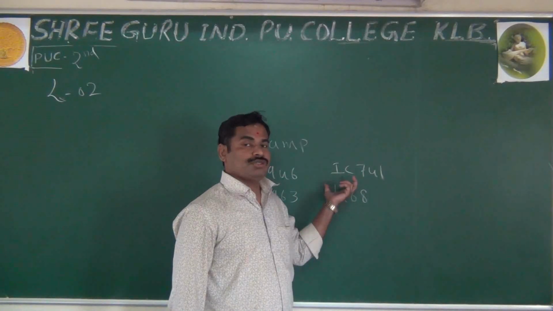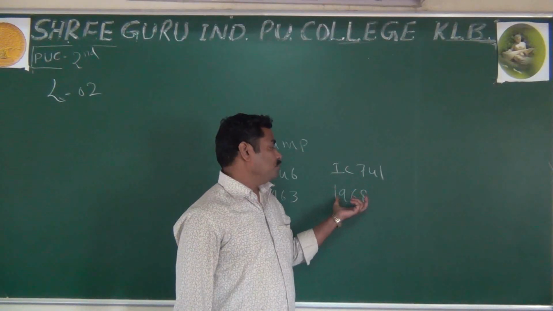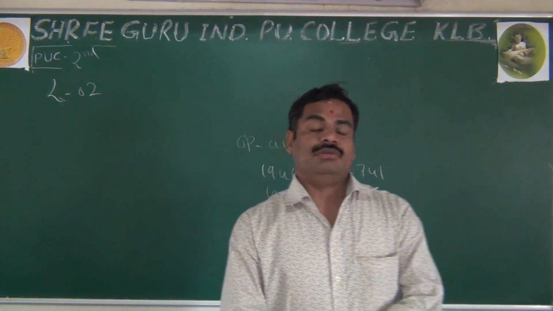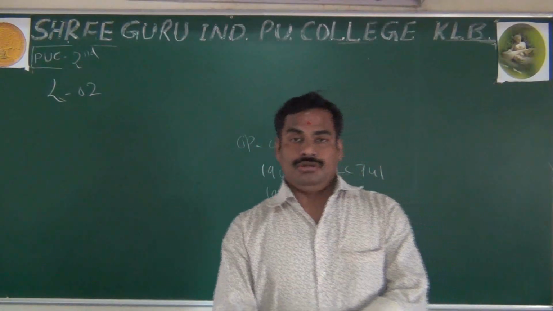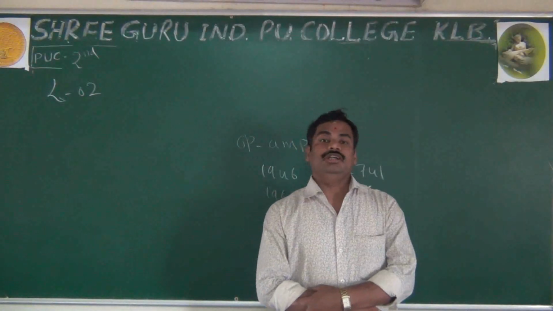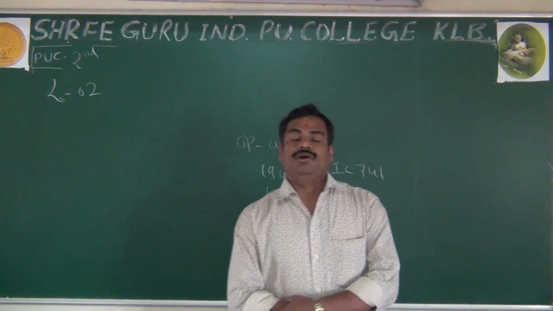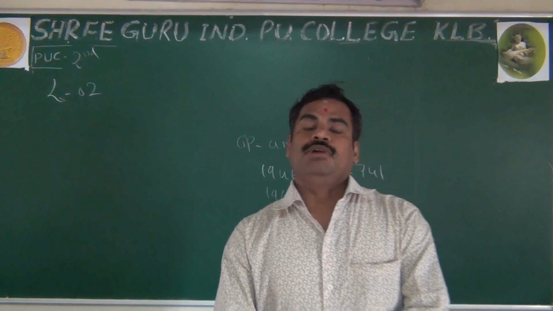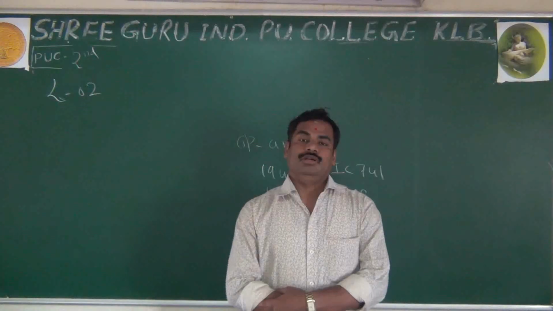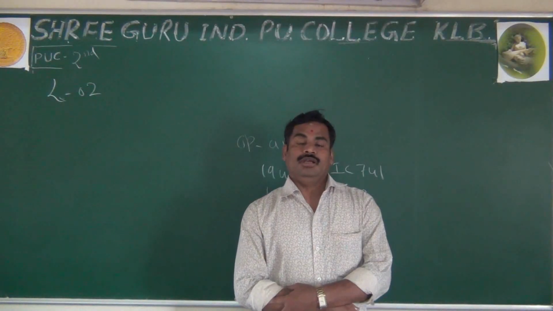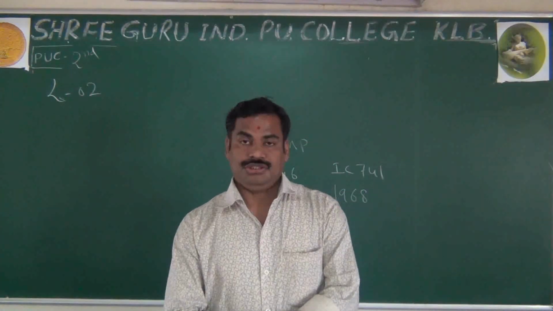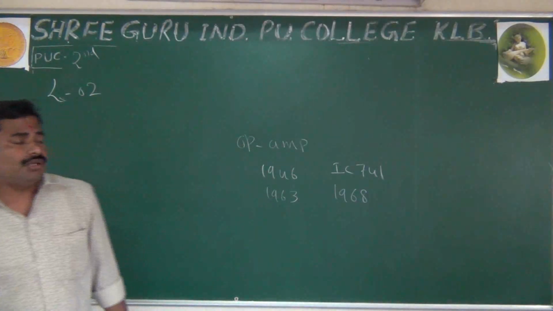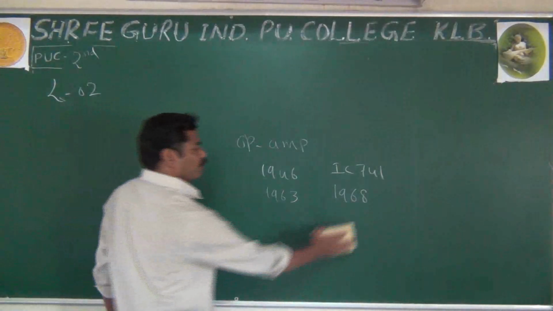The IC 741 is so famous, and the important thing about it is that it is constructed using integrated circuit technology. As I said already, why do we give more importance to the op amp?